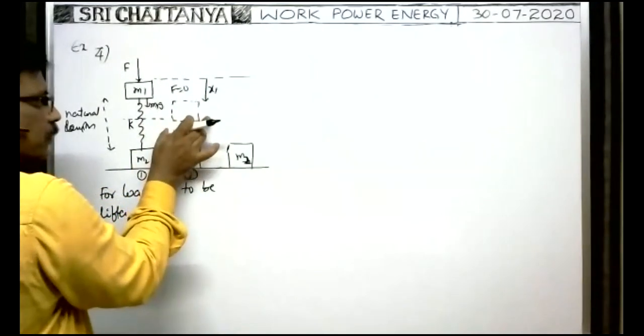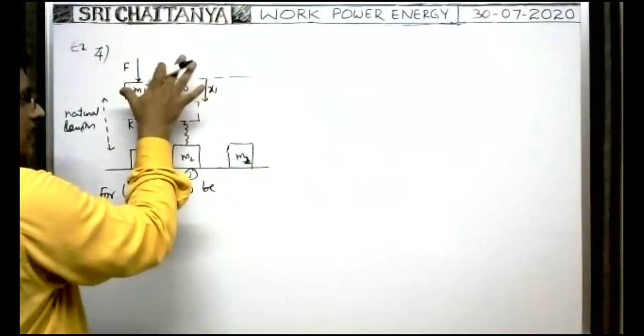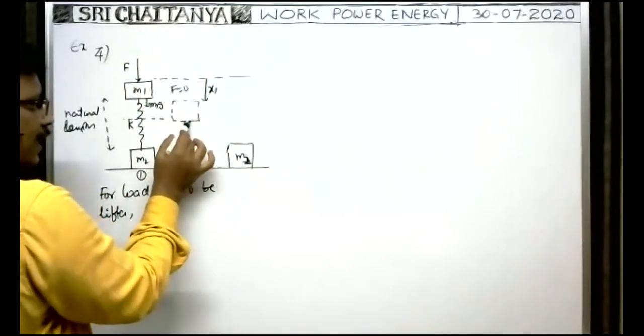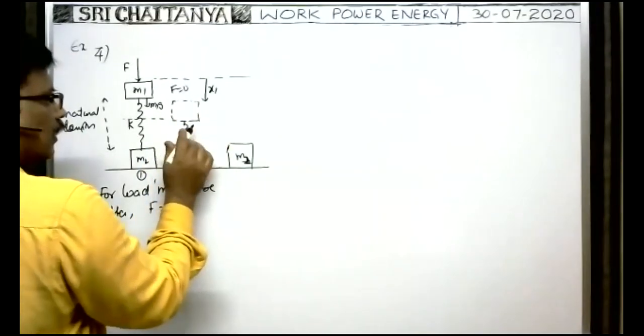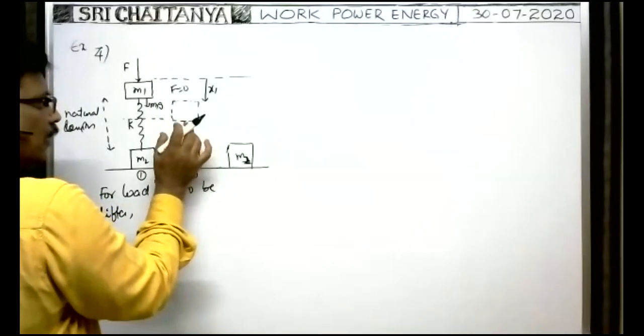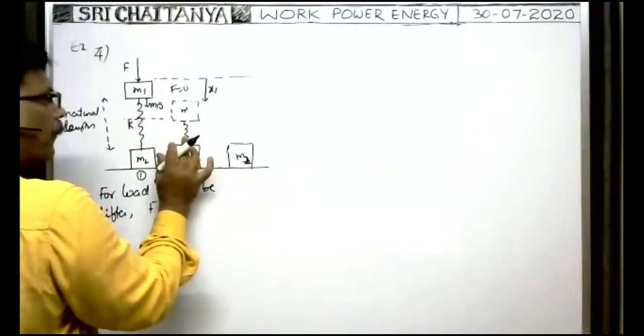So some energy is stored in the spring. When you remove the applied force, because the spring is compressed by a length equal to x1, the spring force developed pushes the block M1 in the upward direction.